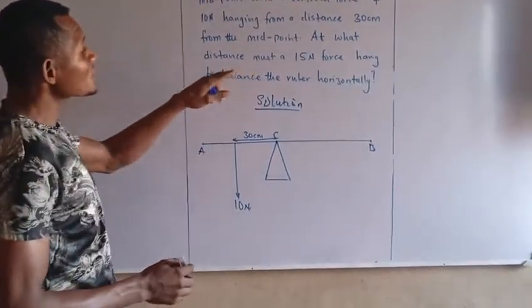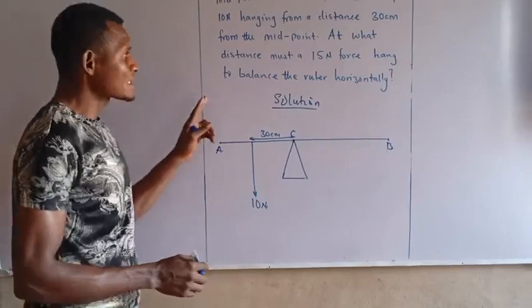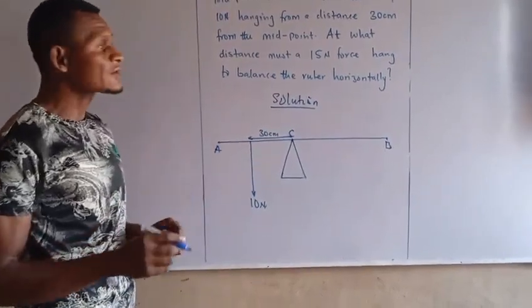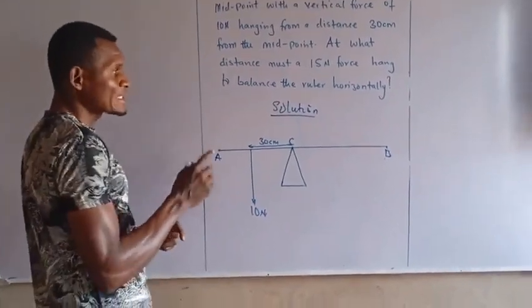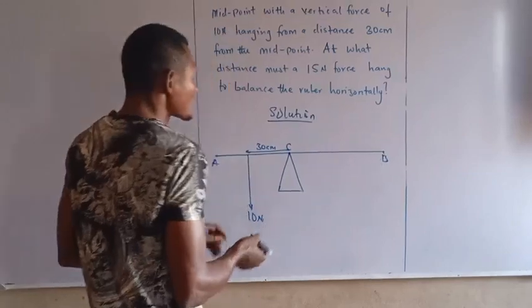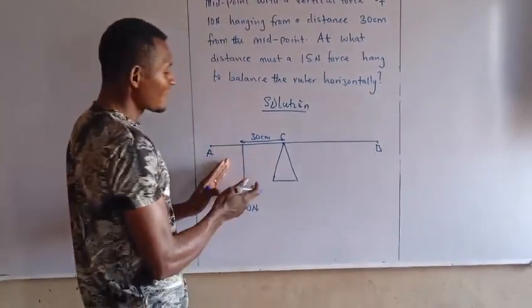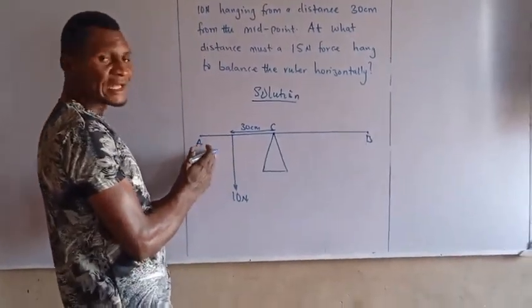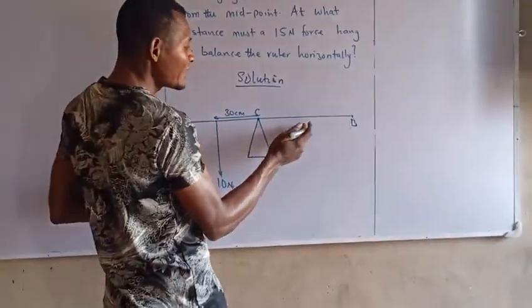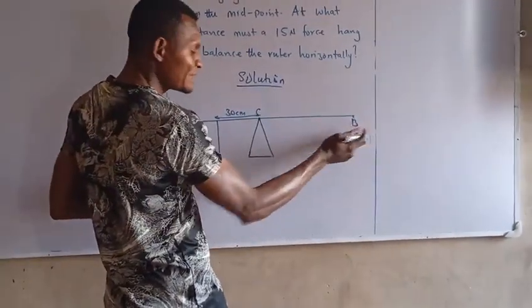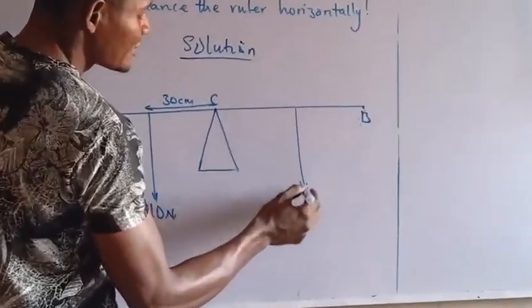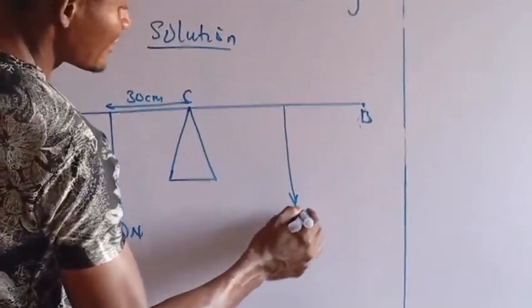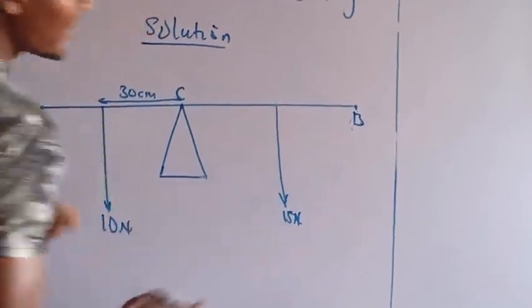Now, the question further says, at what distance must a 15 Newton force hang to balance the meter rule horizontally? So you know that the 15 Newton force cannot be on this side again. It must be somewhere from the midpoint to point B. So I can position the 15 Newton force on this side.